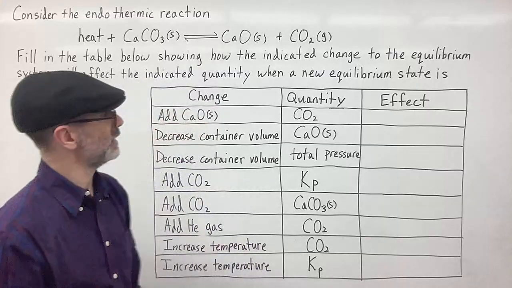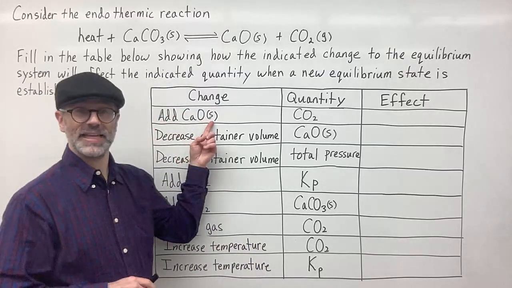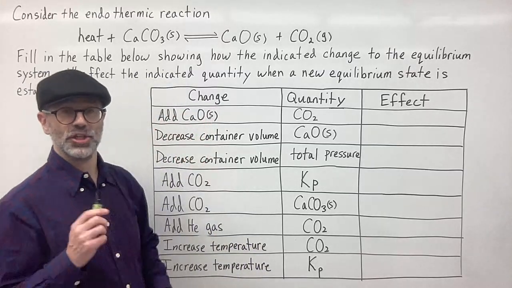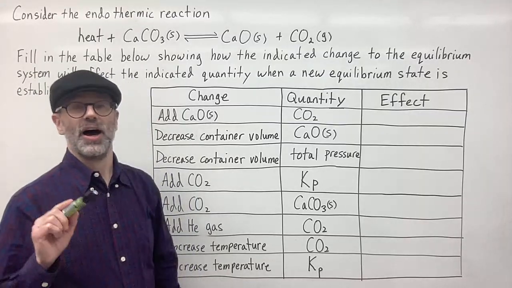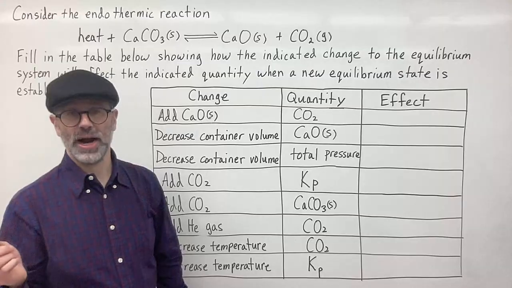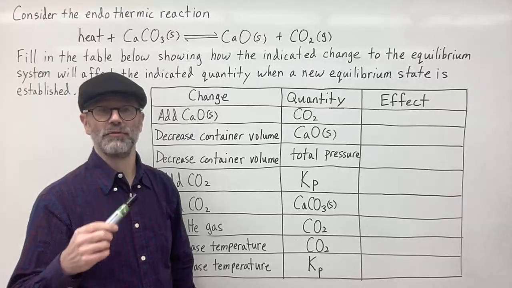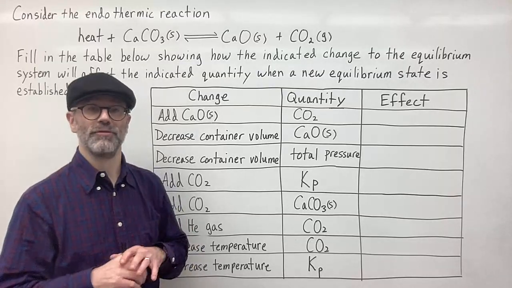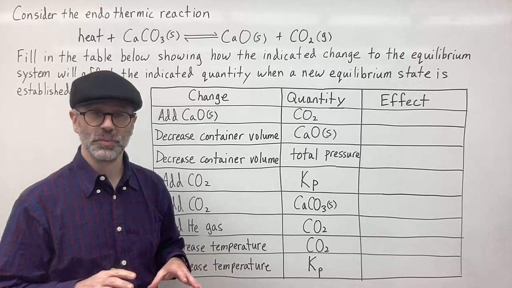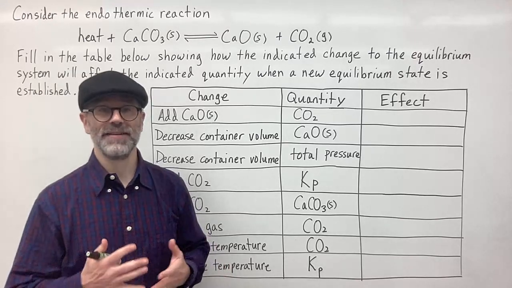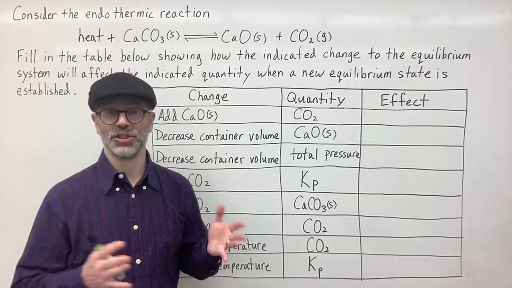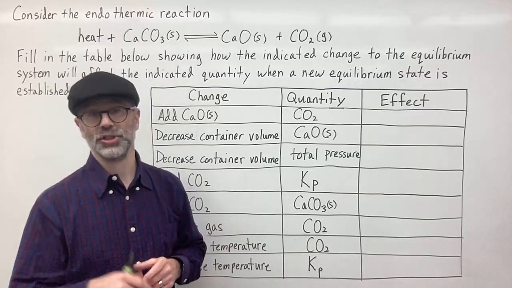However, you have to pay attention to the state of matter. We should know that if it's a solid or a liquid, adding or subtracting a solid or a liquid from the equilibrium system will have no effect on the equilibrium system, because the equilibrium system is only going to be affected by a change in concentration or temperature.